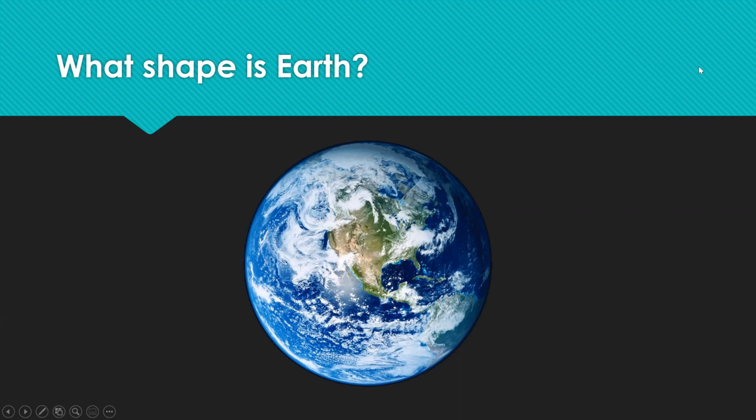What kind of round shape? Sphere. Okay. That bulges out. Right, so it's not quite a sphere. It does bulge, and the bulging is related to a lot of things. One is the fact that it's spinning, right? And so it bulges out a little bit at the equator.